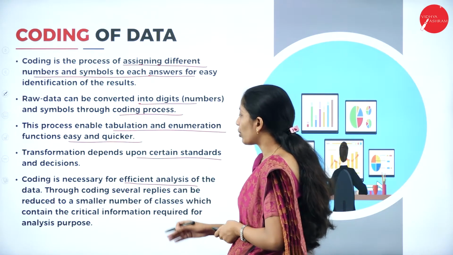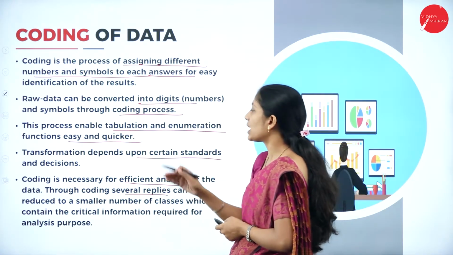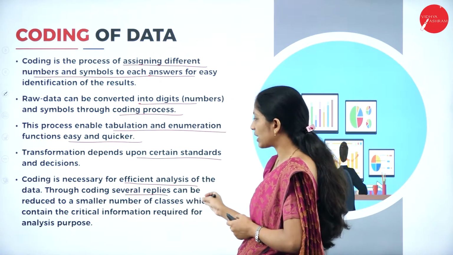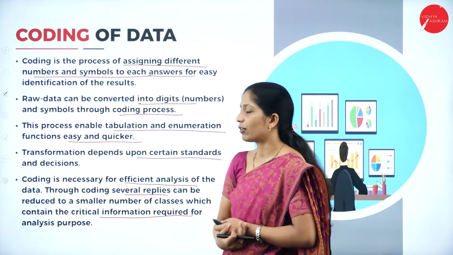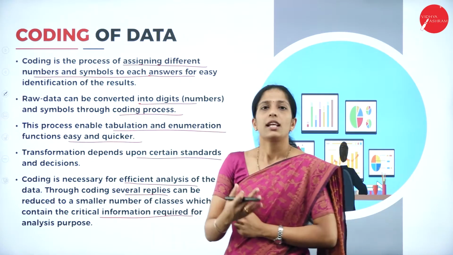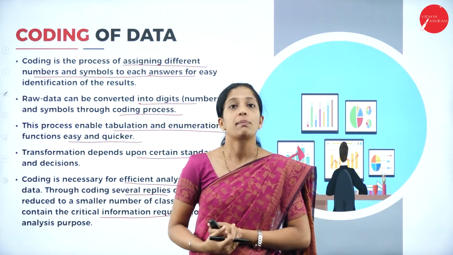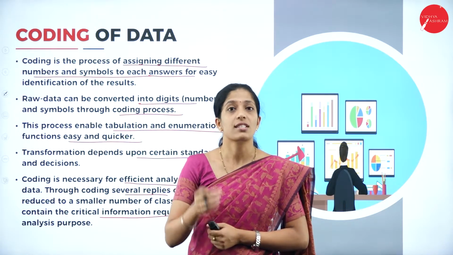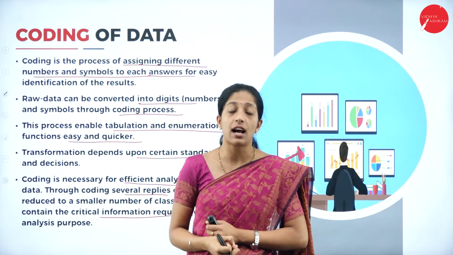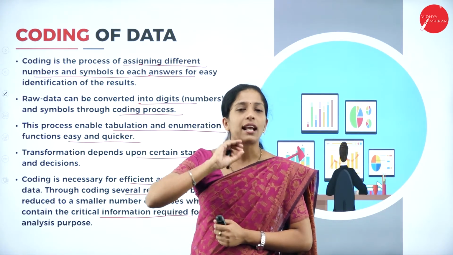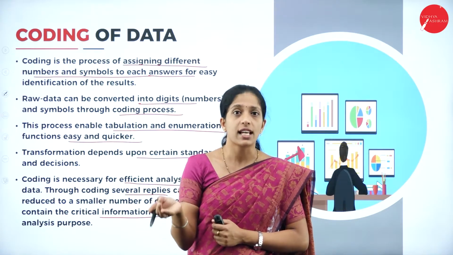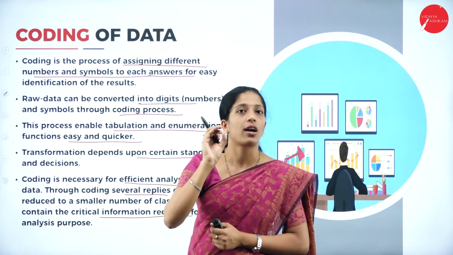Through coding, several replies can be reduced to a smaller number of classes which contain the critical information required for the analysis purpose. If coding is not there, then it will be difficult for the researcher because he has to go through each and every answer in detail. If there is coding, then he can either go for B answer or C answer. So B indicates what? Coding.